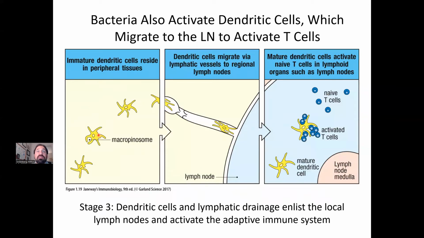So in addition to your local inflammatory responses that are ongoing, you also need to call in the big guns, because hopefully the local innate cells, the monocytes, neutrophils, macrophages, can clear it all out on their own, no big deal. But just in case, you need to let the adaptive immune system know what's happening.